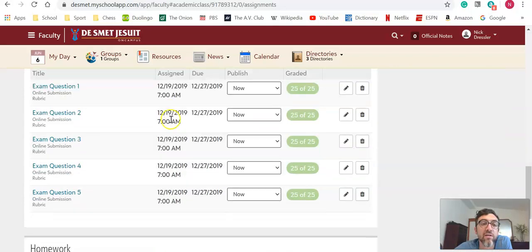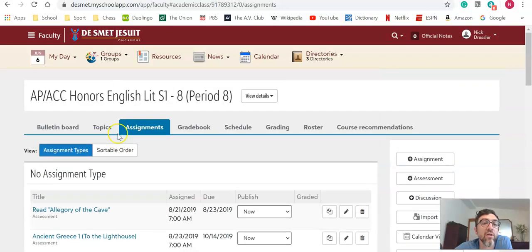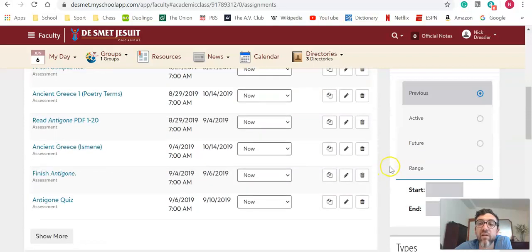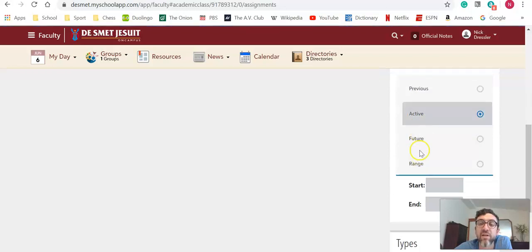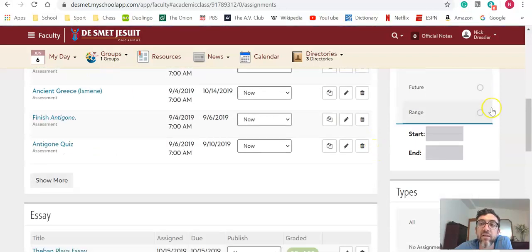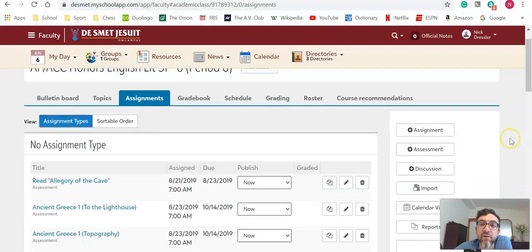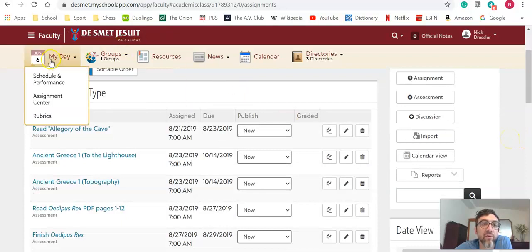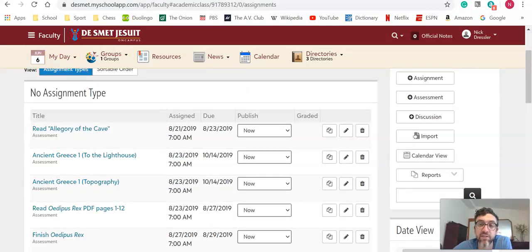So if it's essay, exam, homework, in-class activities, all these things show up this way, and then you can even check by whether it's already past due, whether it's actively assigned, or whether it will be due in the future. And as you assign these, it creates a calendar for you and for the students when you go back out to the main page, that tells you exactly what you have due that day.